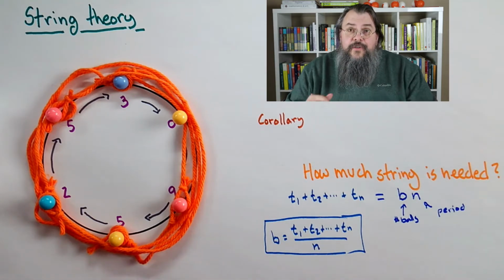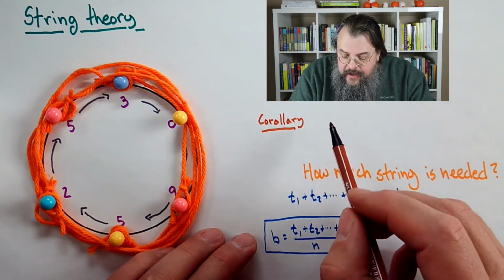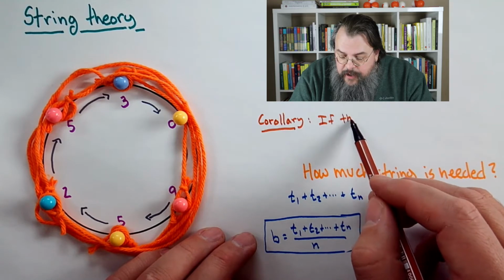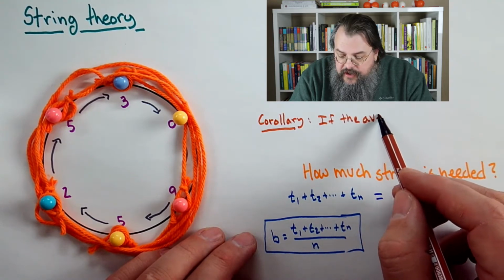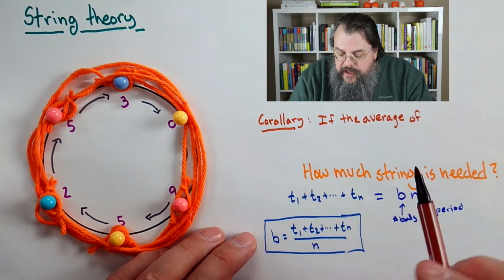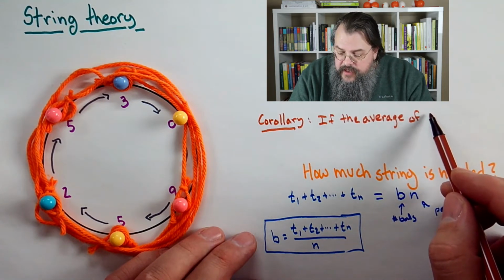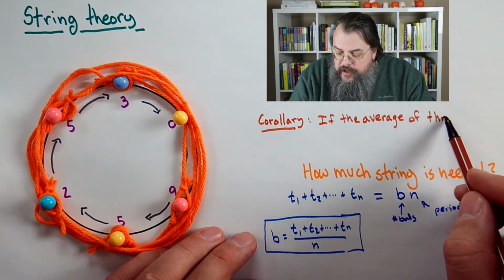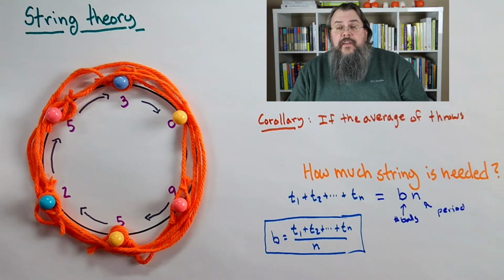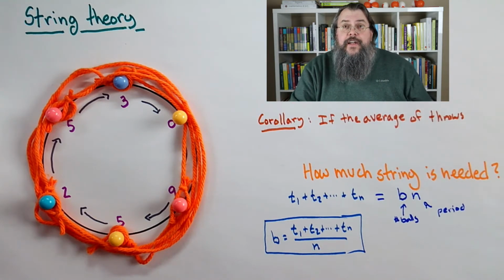All right, so what's the corollary here? Well, the corollary says, look, if the average of throws is not a whole number, the pattern can't be juggled, right? Because when you look at the average, it's the number of balls. And so if the average is not a whole number, then that means you can't juggle it. It's not like, hey, if I have 2.5 as my average, I need 2.5 balls, right?